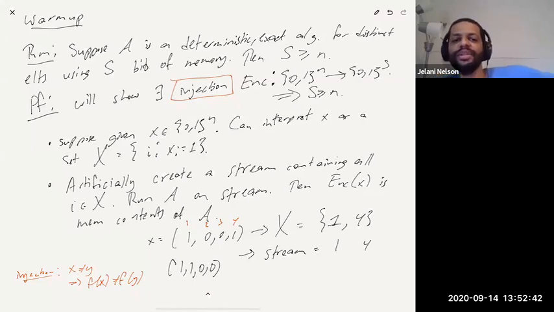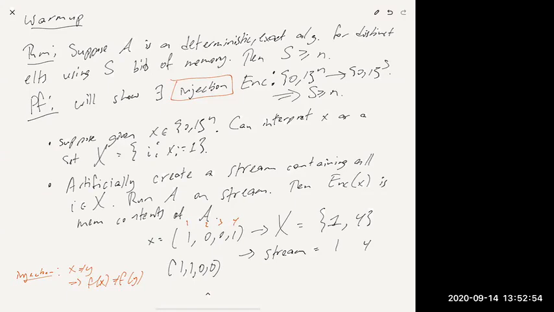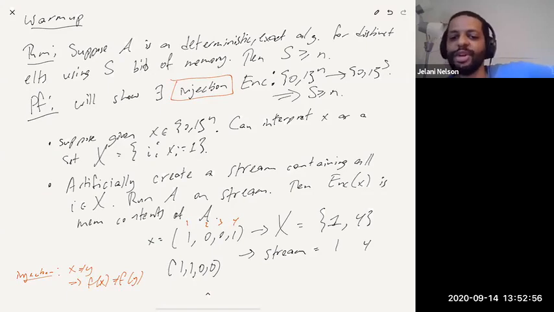It just needs to remember the answer. And that's what I'm going to show you now. I'm going to show you that, in fact, the algorithm needs to use n bits. The way I'll do it is I'll show you that you can invert the encoding and get back x exactly. Since it's invertible, it must have been an injection.